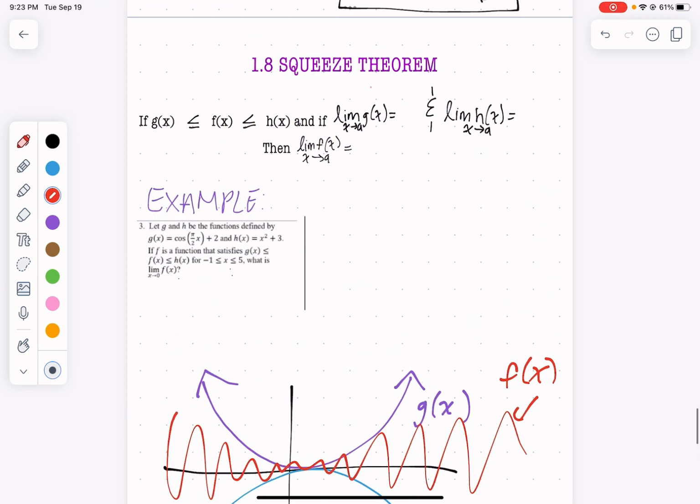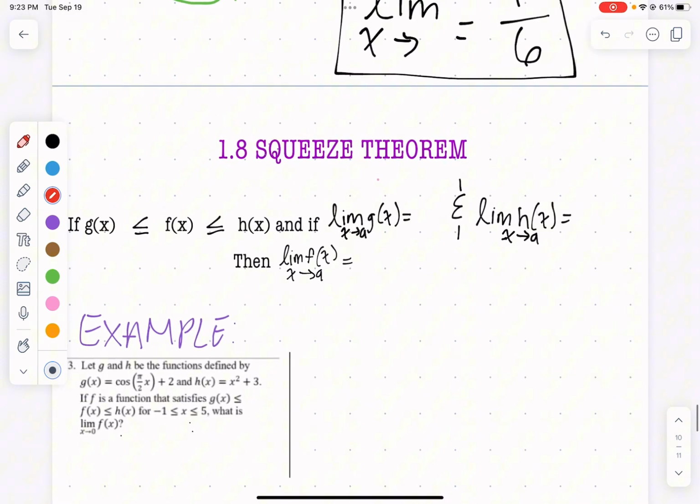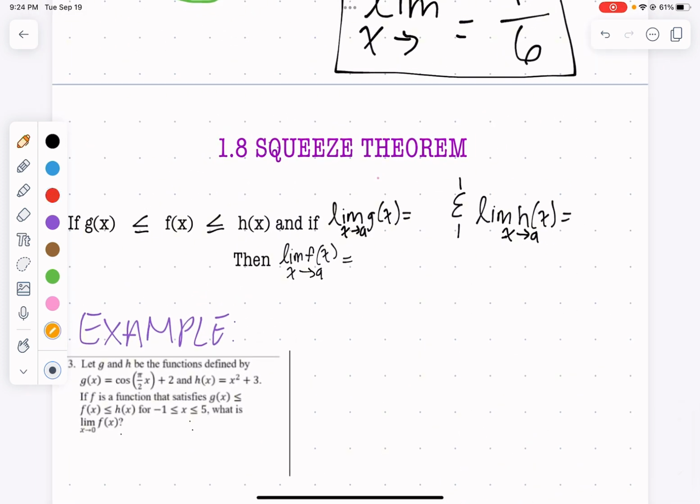So this is the official definition of the squeeze theorem.